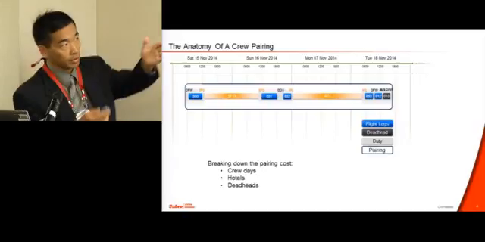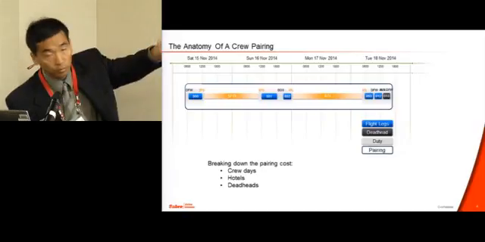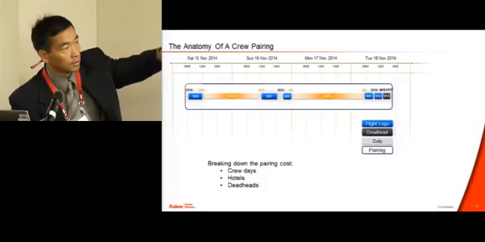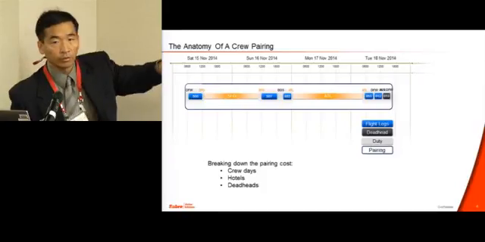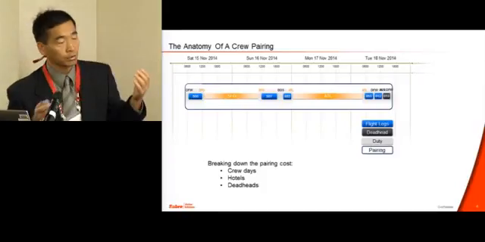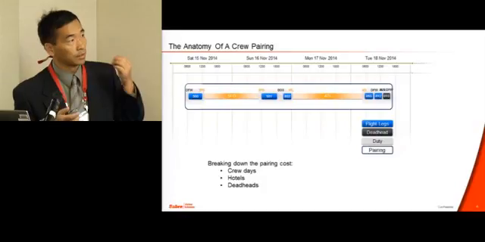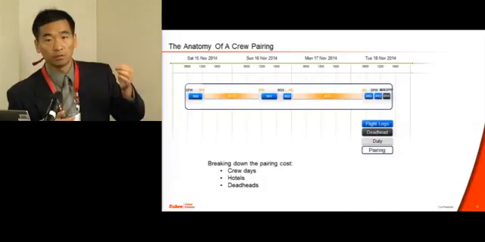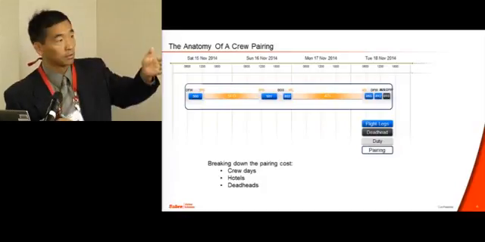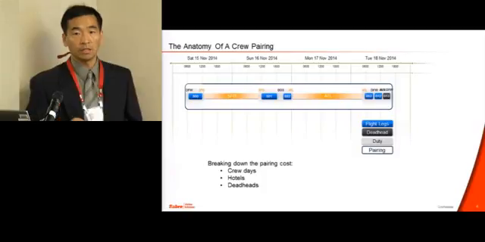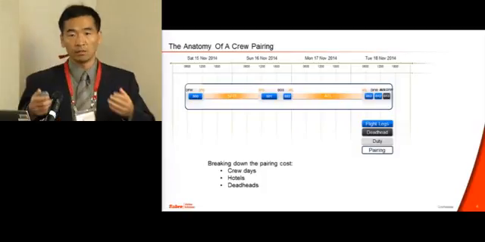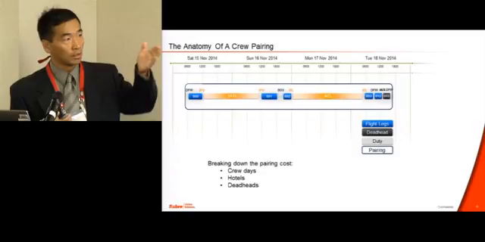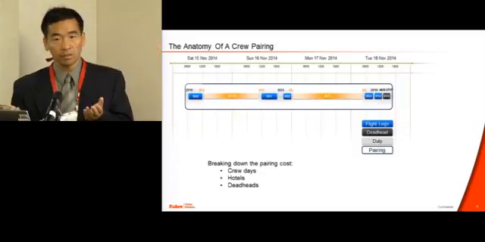Here we have a pairing which touches 4 calendar days. And the hotels. The number of hotels is also money that the airline spends for the pilots to stay and rest. And deadheads is lost sale revenue, since the pilots usually occupy some first-class seats when they're deadheading.